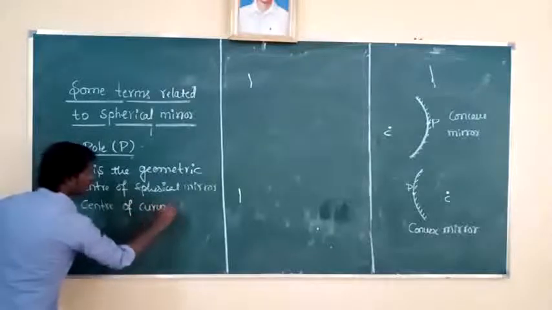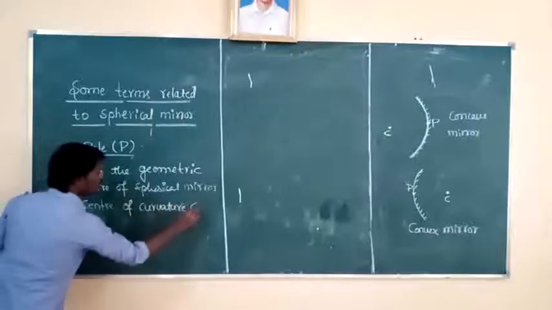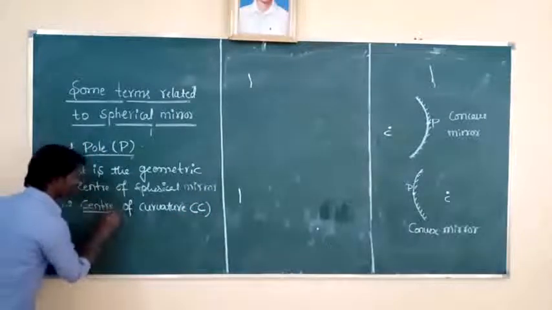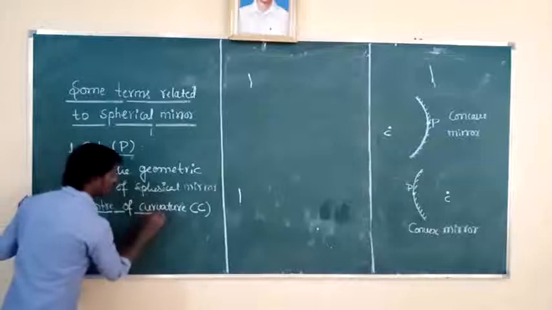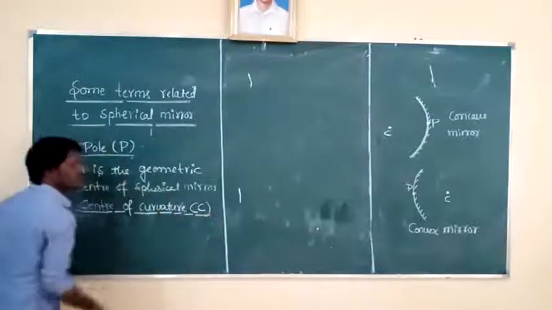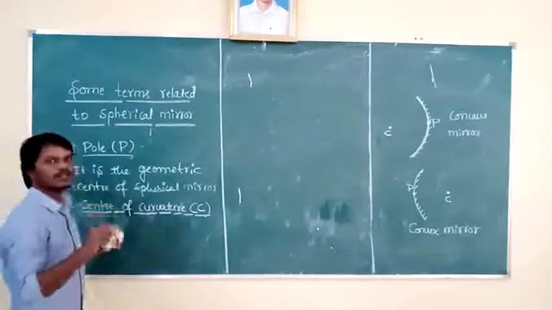Center of curvature is denoted by the capital letter C. So what is center of curvature here? It is the center of a sphere of which the spherical mirror forms a part. Here the spherical mirror is a part of a sphere.